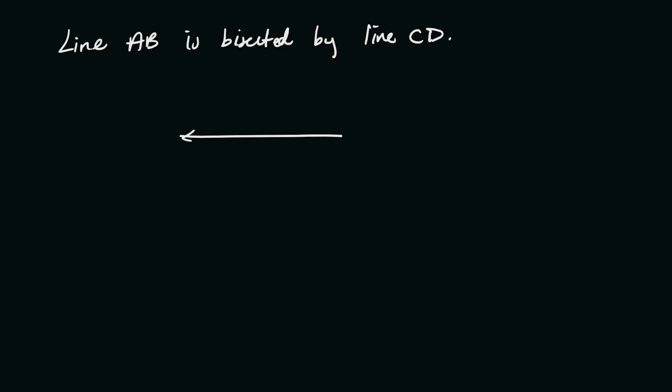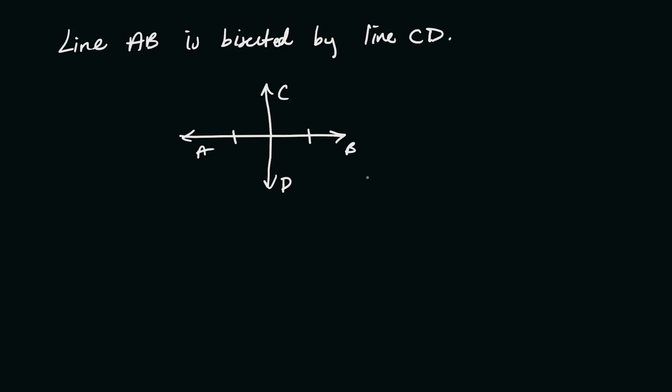So now we have line AB, and it's being bisected by line CD. Now, it doesn't necessarily mean that line CD is being split in two, but it necessarily just means that line AB is split in two. So we use the two tick marks there to signify that those two are equal segments, right?